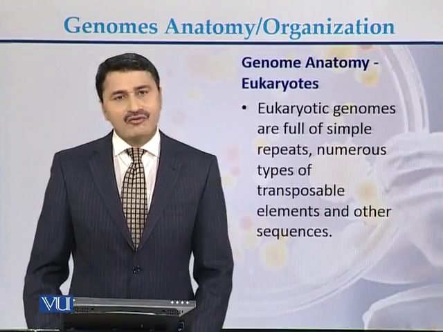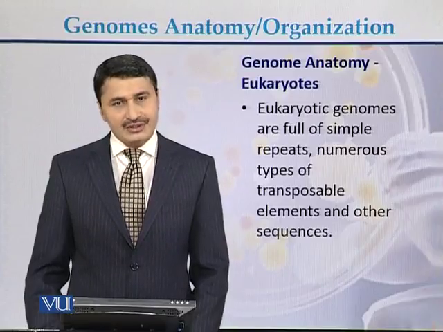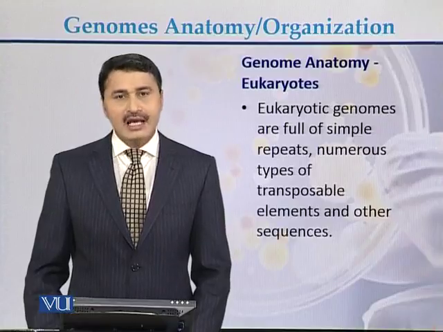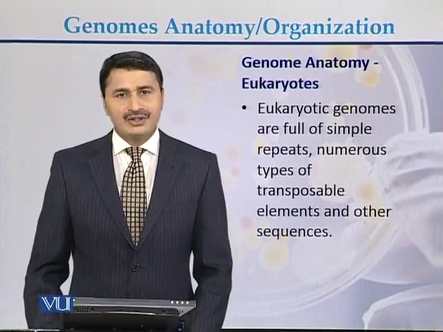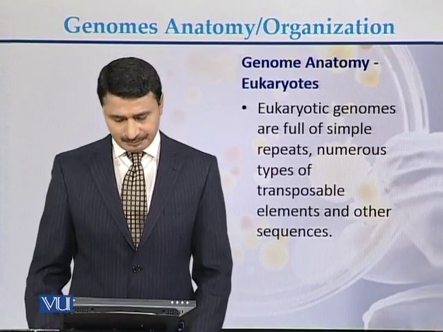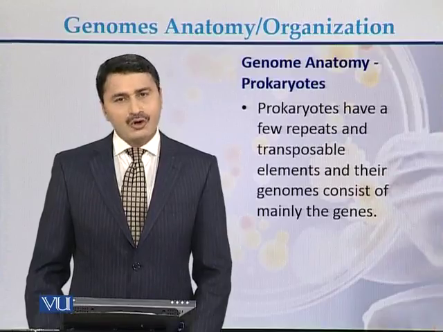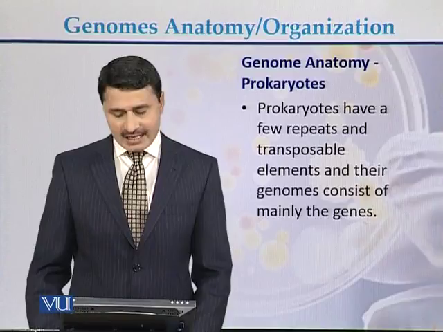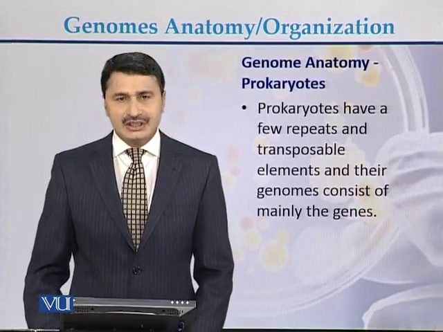Eukaryotic genomes are full of simple repeats, numerous types of transposable elements, and other sequences. Such sequences usually are not seen in prokaryotic genomes. Prokaryotes have few repeats and transposable elements, and their genome consists mainly of genes.